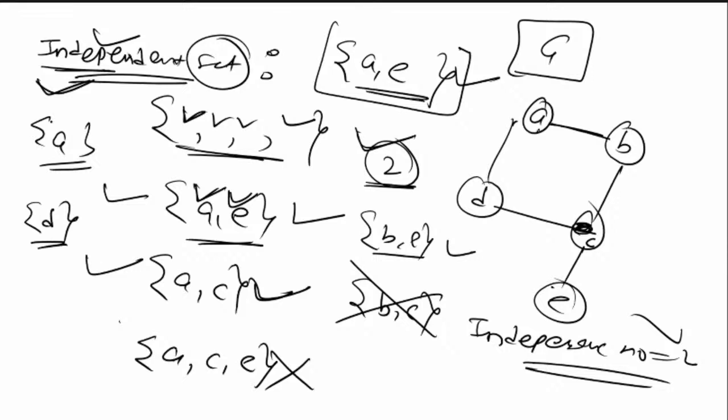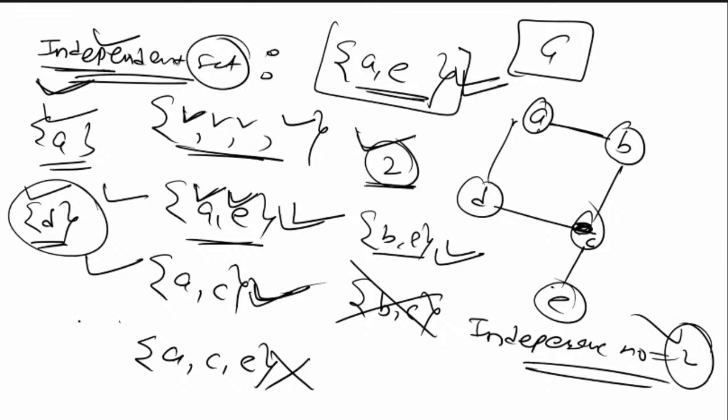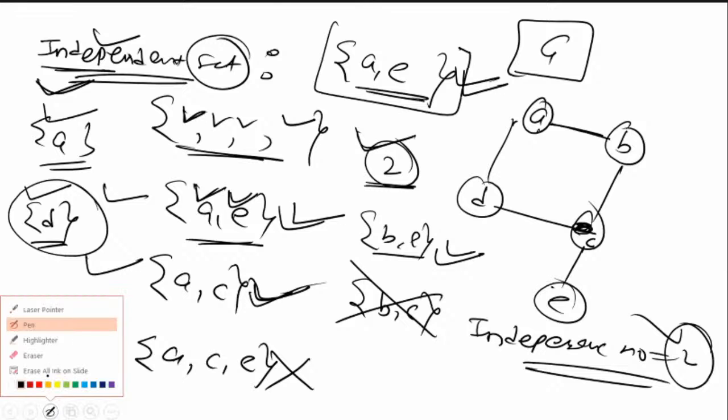But these are not the maximum cardinality independent set. The maximum cardinality independent set is this, so the independence number will be 2. This is the concept of independent set.